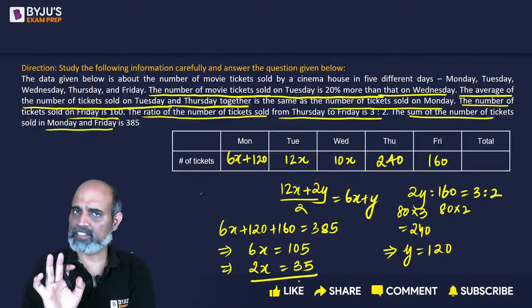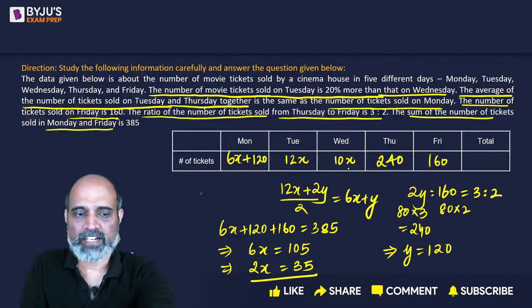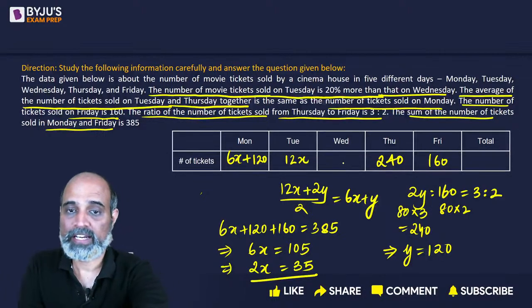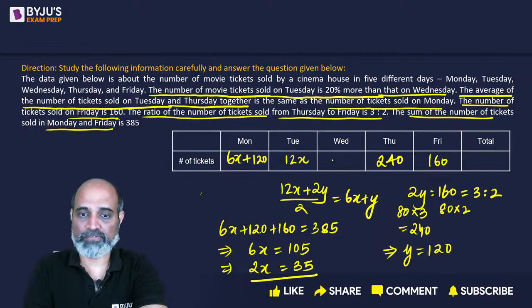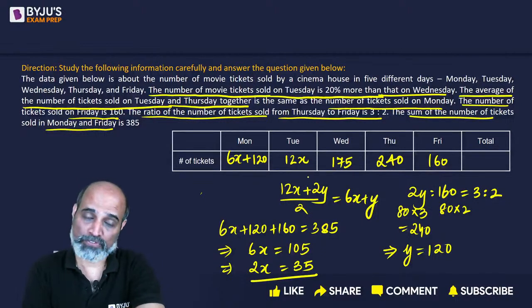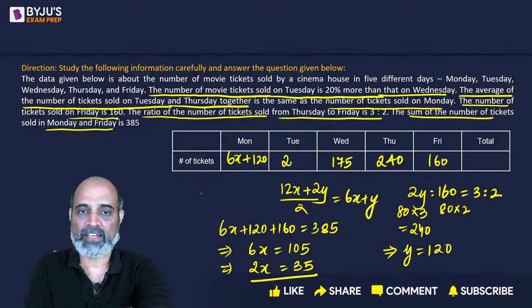Let's not calculate x because everywhere we need 2x. So 2x is 35. So 10x will be 35 into 5, right? So which is 175. 12x will be 6 times 2x. So that will be 6 times 35, which is going to be 210.